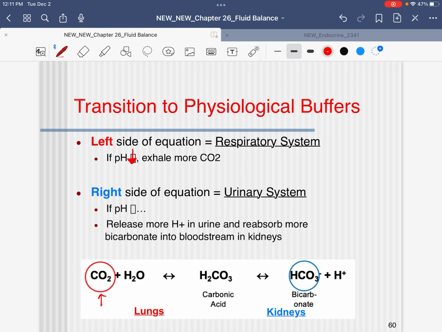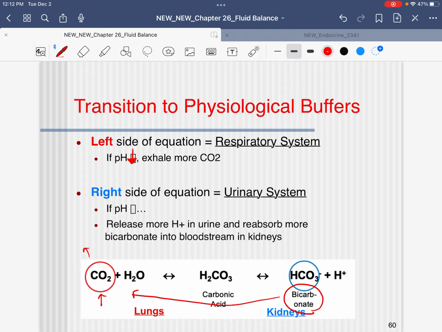So anytime we want to exhale more CO2, we move the equation to the left. Remember, we transport CO2 as bicarbonate in the bloodstream, but if we want to actually breathe out that CO2, we've got to move the equation all the way to the left to reform free CO2 so we can breathe it out.